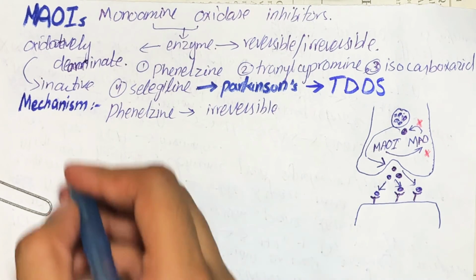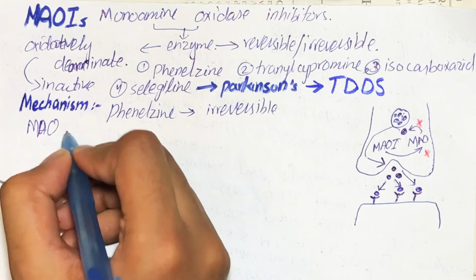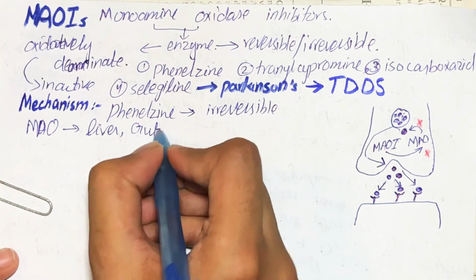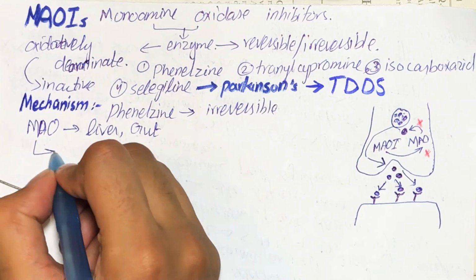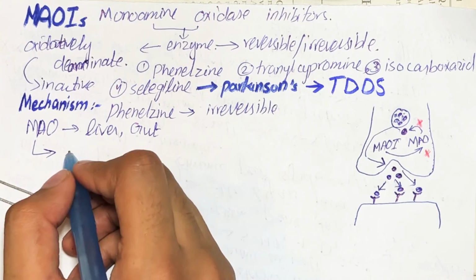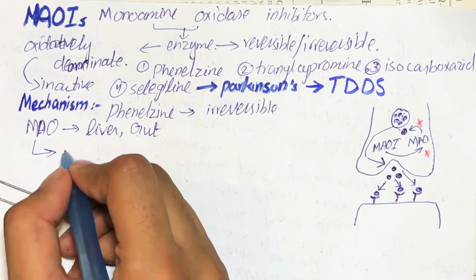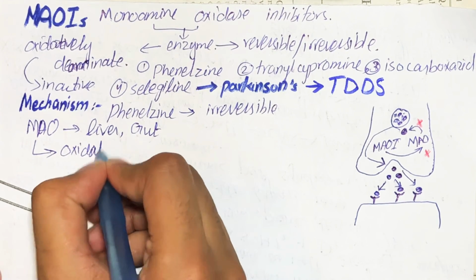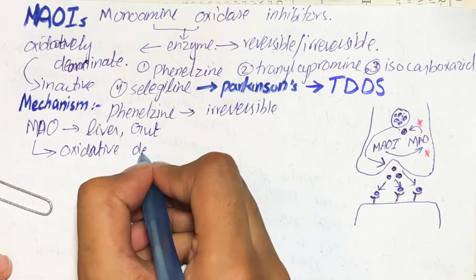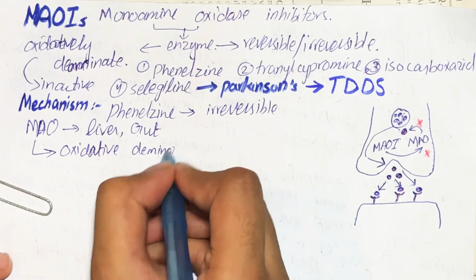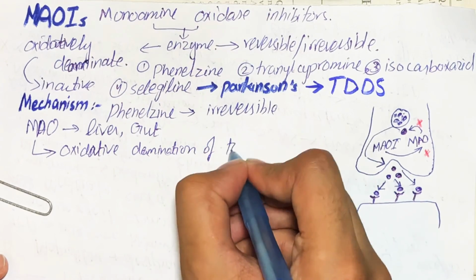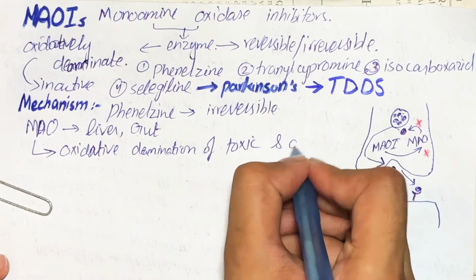What is the function of MAOs in liver and gut? Over there, this MAO is actually required for oxidative deamination of toxic substances and drugs.